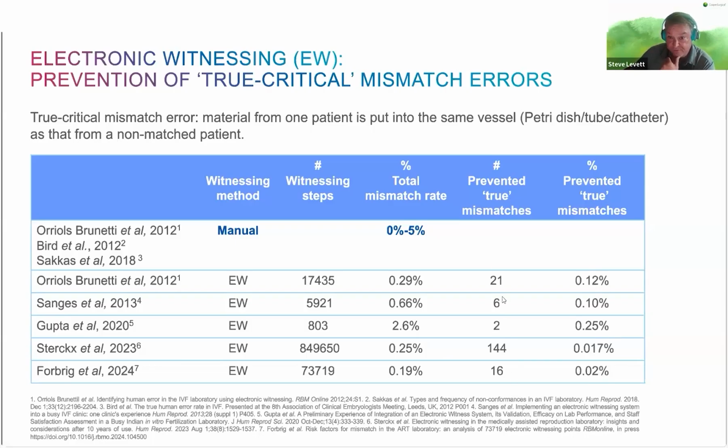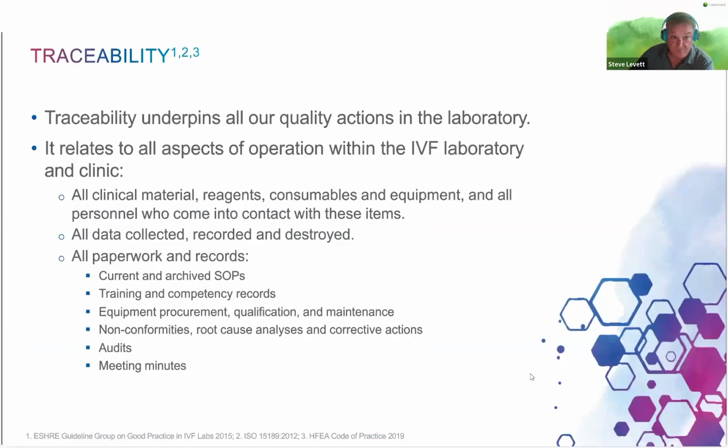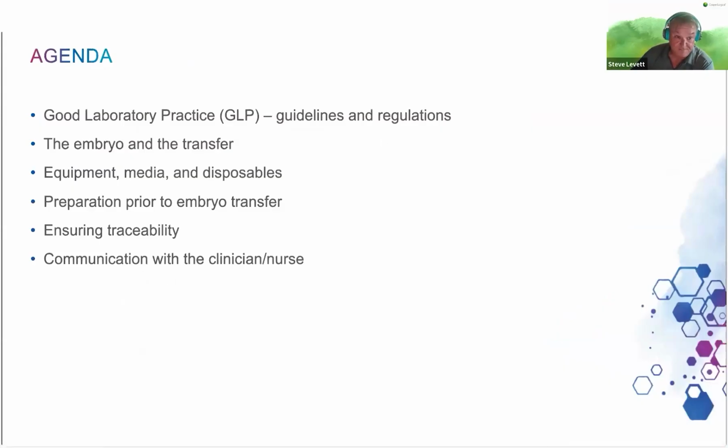But you can see in all of these papers, there was a potential critical mismatch that was prevented by having electronic witnessing, and each of those could have been catastrophic for the patient or the clinic themselves. So traceability underpins all of our quality in the lab. It relates to all aspects within the IVF lab, and you can see here with materials, data collection, paperwork and records, etc., etc. So it needs to be at the core of everything that we do.